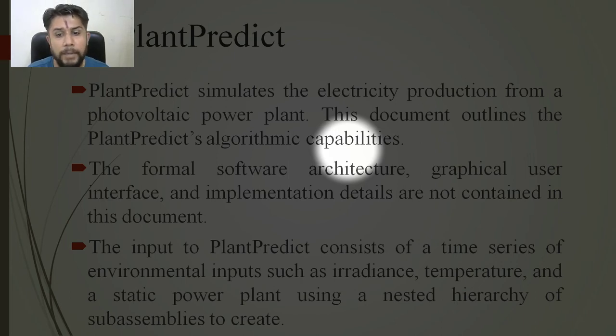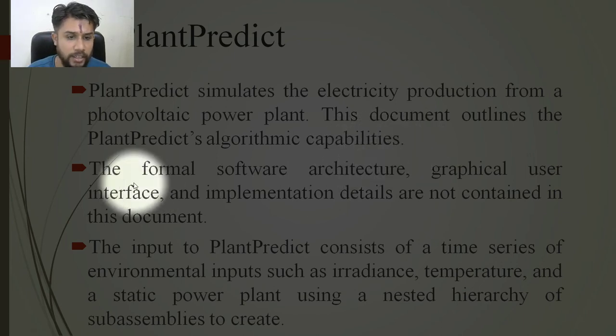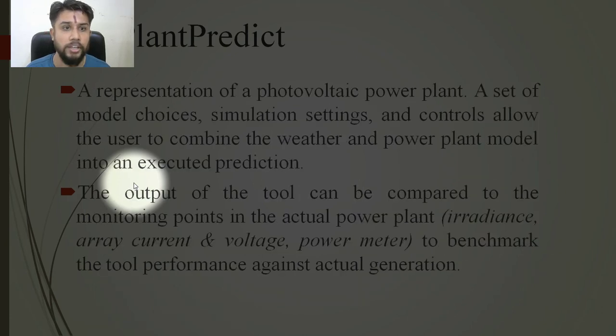The input to PlantPredict consists of a time series of environmental inputs such as irradiation, the amount of radiation from the sun, temperature at that location, and the requirement of the static power plant. It is a nested hierarchy of sub-assemblies to create the actual power plant at your location.